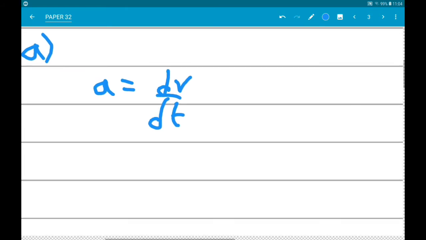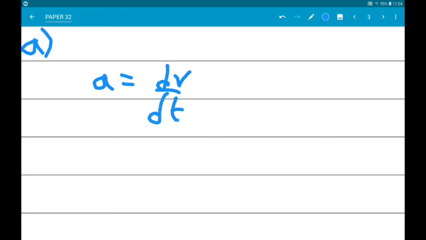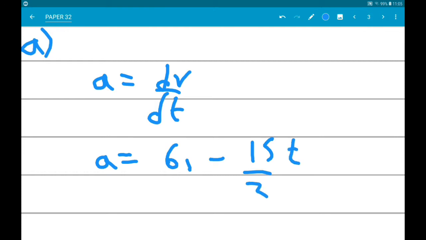So here, a is going to be 6i minus 3 halves times 5, so 15 halves t to the 1 half, j.